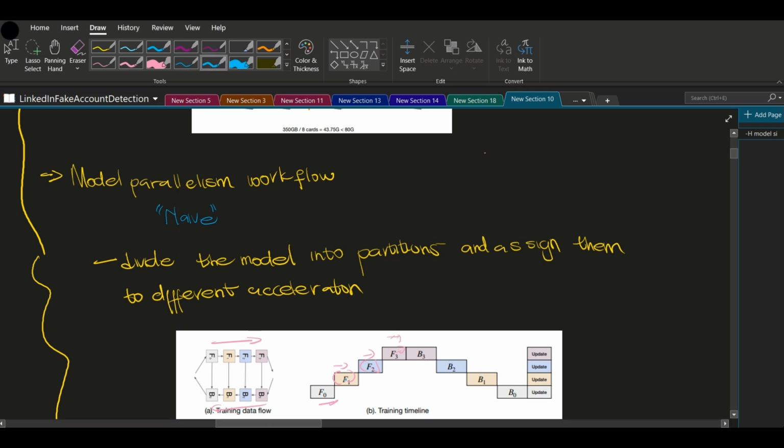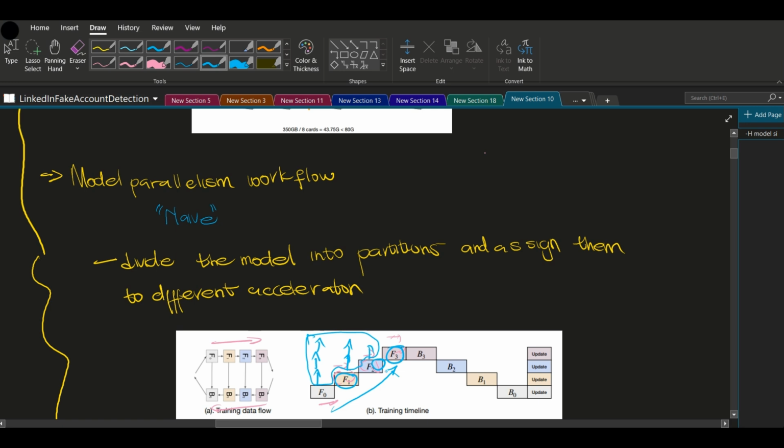The problem is that while this one is computing, this one is waiting. While this one is computing, the others are waiting. So you can tell, we call this underutilization of resources. It becomes a problem because now we are sequentially computing.